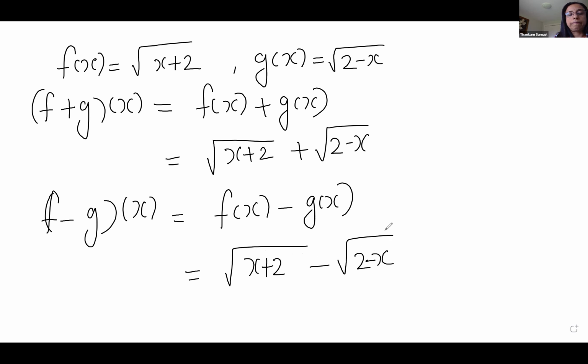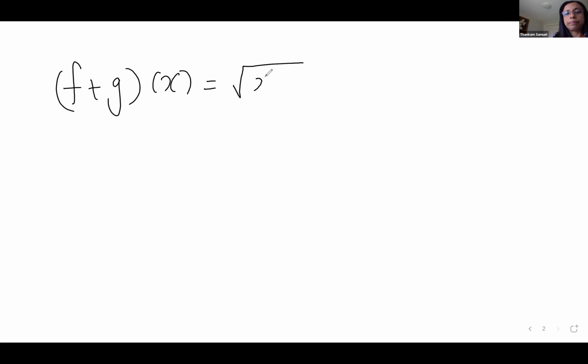And let's find the domain of these functions. So when you consider f plus g of x, we have square root of x plus 2 plus square root of 2 minus x.